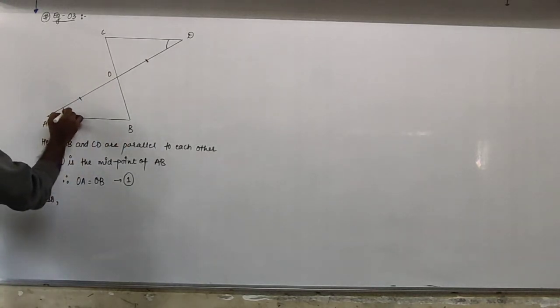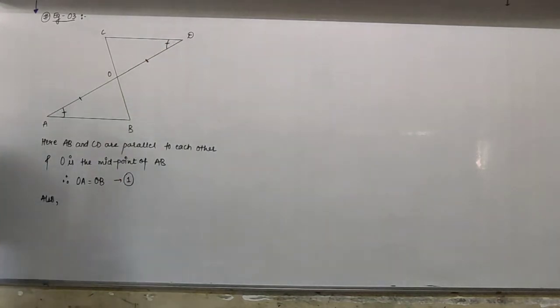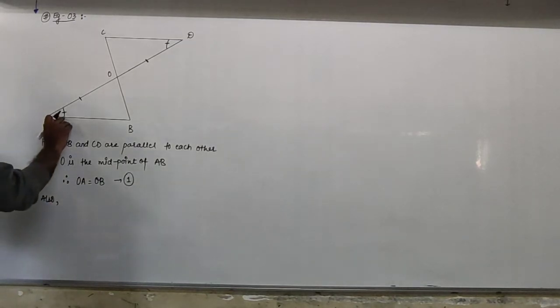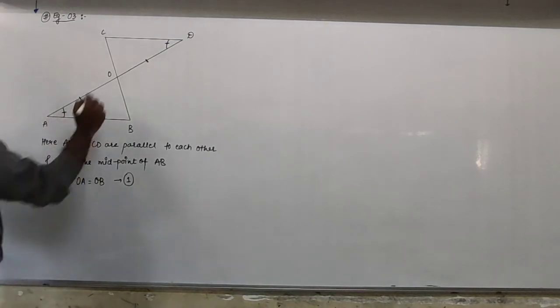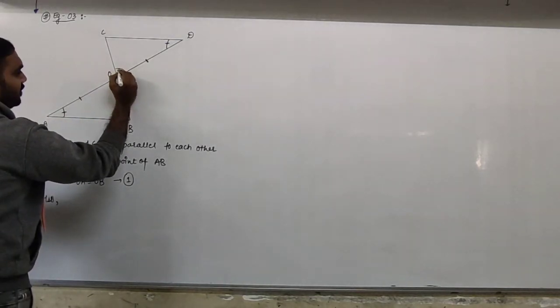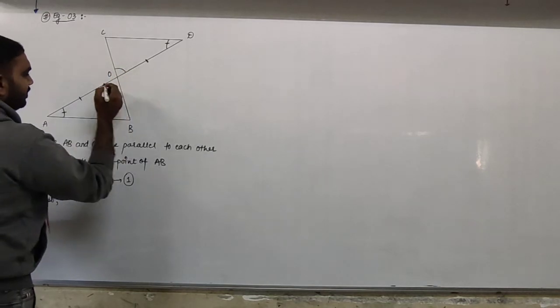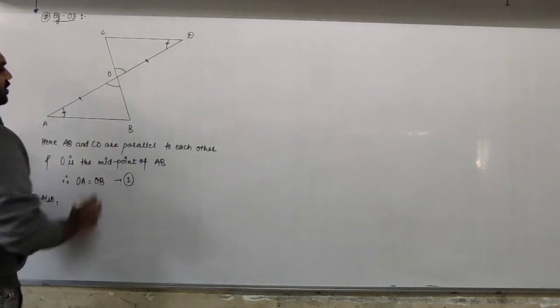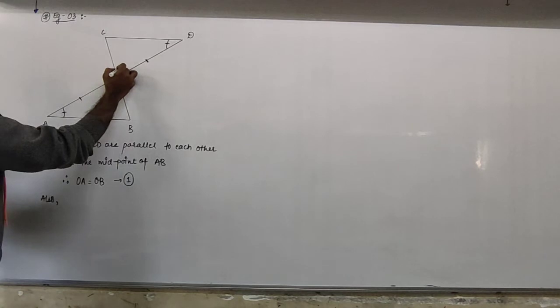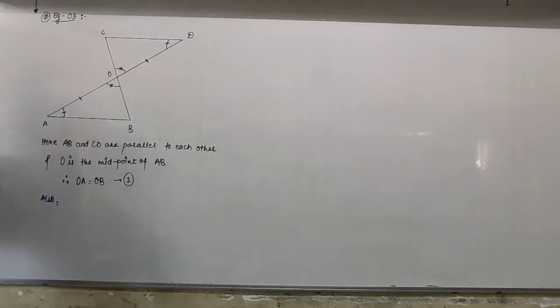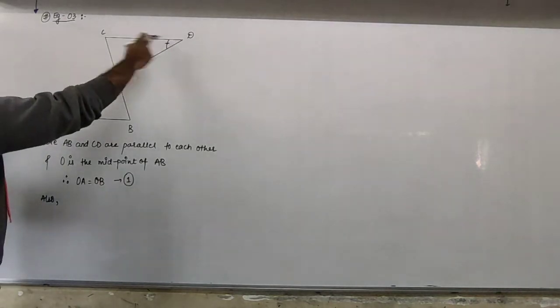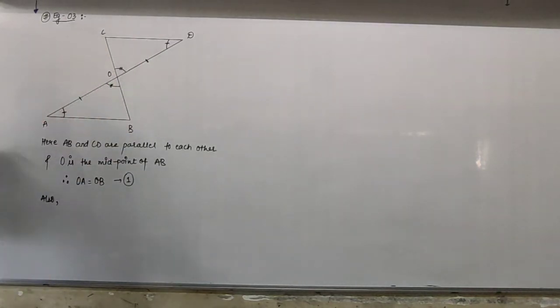Corresponding angles will be equal, right? ABO and DCO or the rest of the thing. And another thing which is this one, this angle and this angle. What are these? These are the vertically opposite angles.